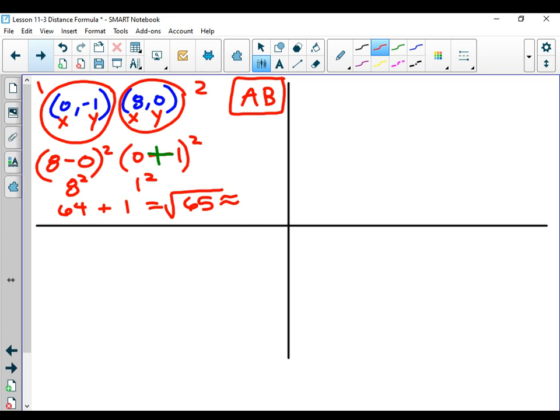We're going to get a little bit more exact today by using the square root button, which is above the X2 button. But do you see how the square root is yellow? That's because you have to press the yellow button first, or it's not going to do the square root. 8.0622577748.